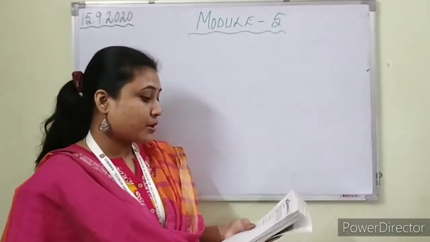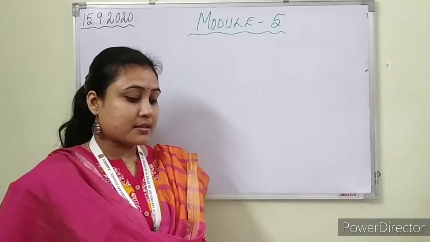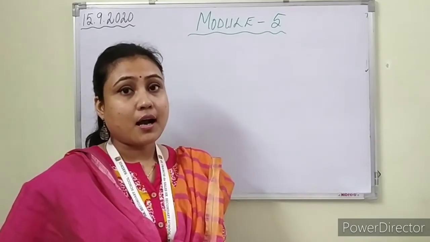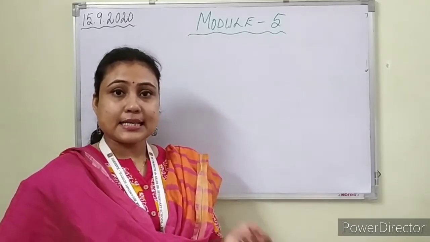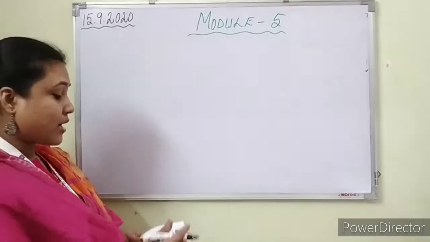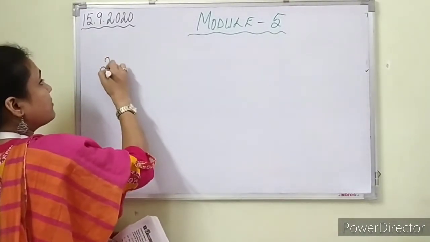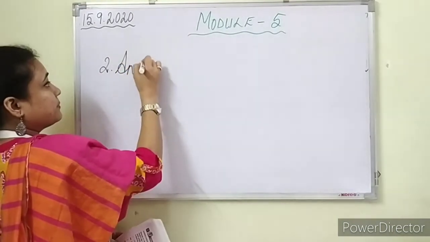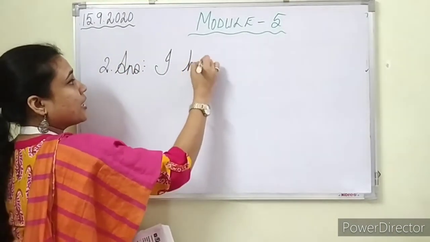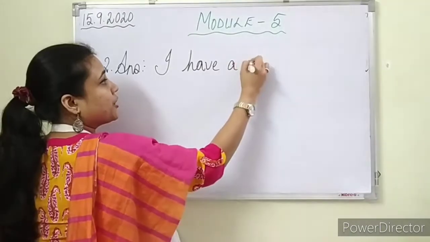Right, so moving to number 2 now. Have dressed new I. So what will be the correct sentence? I have a new dress.